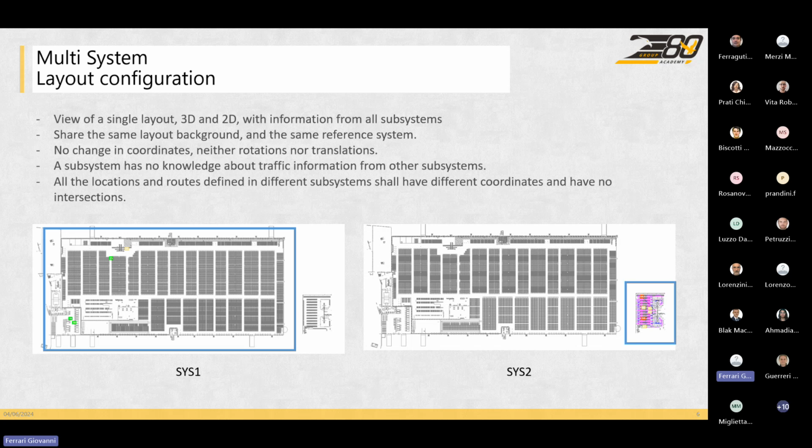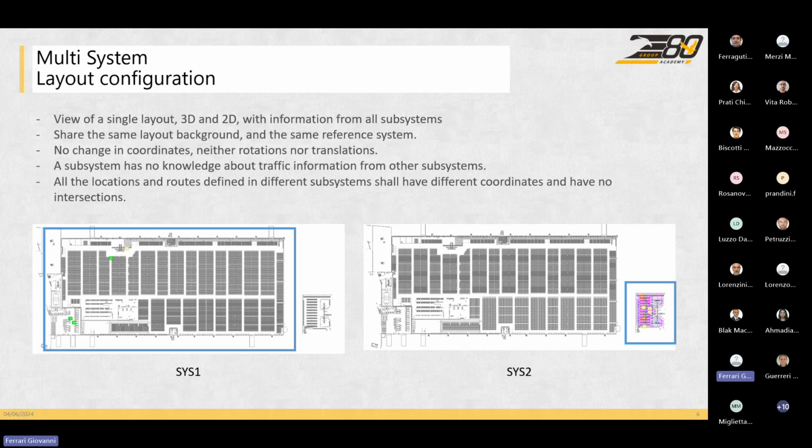That means we are going to show a background, and then on top of that background, we are going to show all the information coming from the two fleets in this case. Like in the case of Red Bull, all the information about the existing warehouse and all the information about the new part of the warehouse where we are going to deploy, let's say, the layer picking.